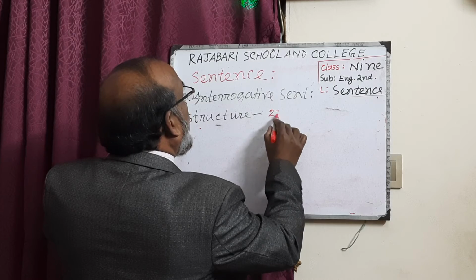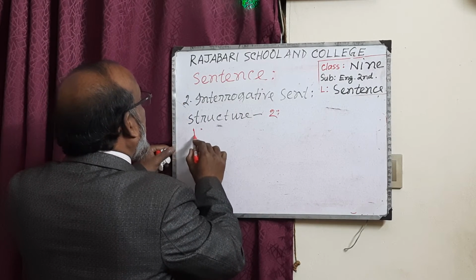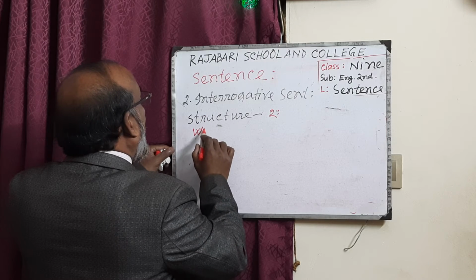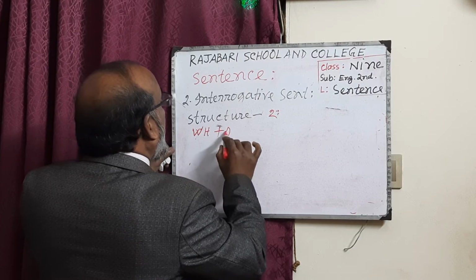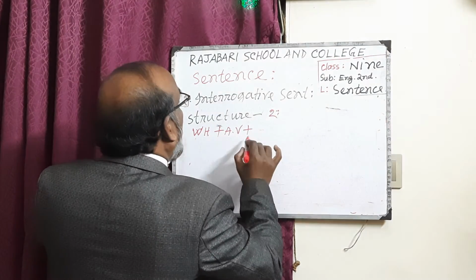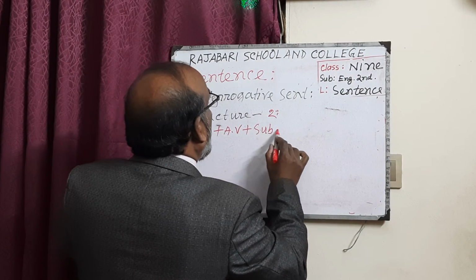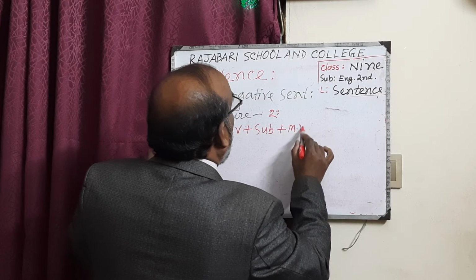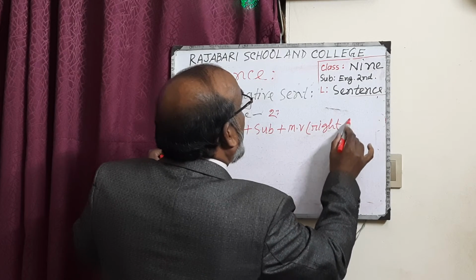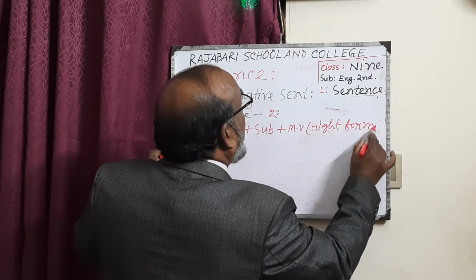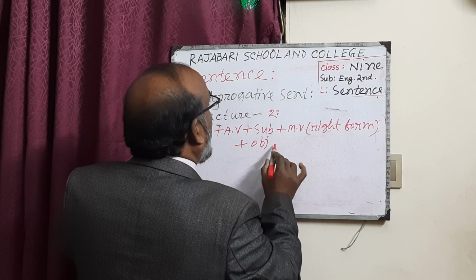Structure number 2: WH plus auxiliary verb plus subject plus main verb, right form, plus object.